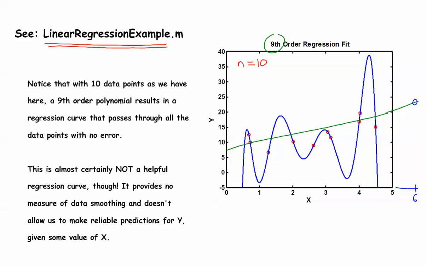My blue polynomial fit, however, seems to indicate that my y values shoot down towards negative infinity as x increases. That's just not likely the case. So higher order polynomial fitting is not necessarily always better. What you want to do is try to choose a polynomial order that actually fits your data pretty well. Okay.